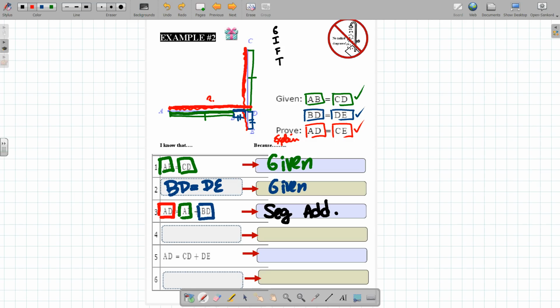We know CE also has to equal the green plus the blue, which is CD plus DE. Why do we know that? That's also called segment addition.